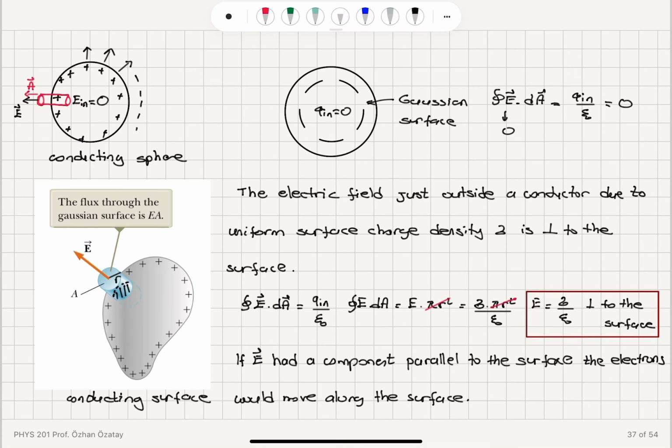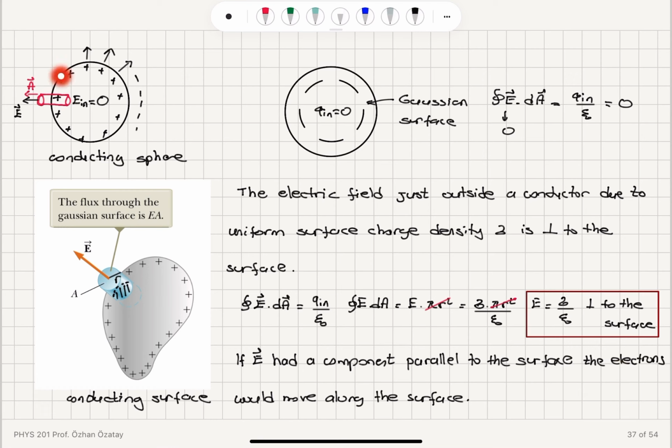Now, another argument for the direction of the electric field. Why does it have to be perpendicular to the surface? If the electric field had a component parallel to the surface, the electrons would move along the surface.